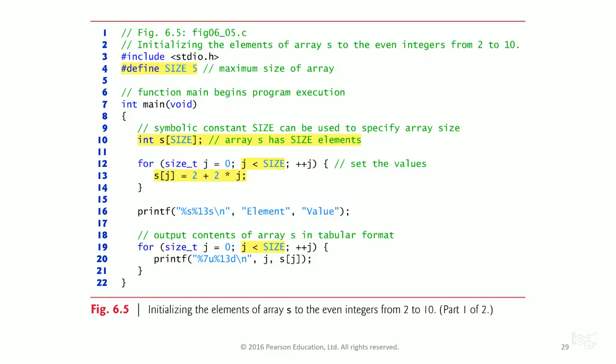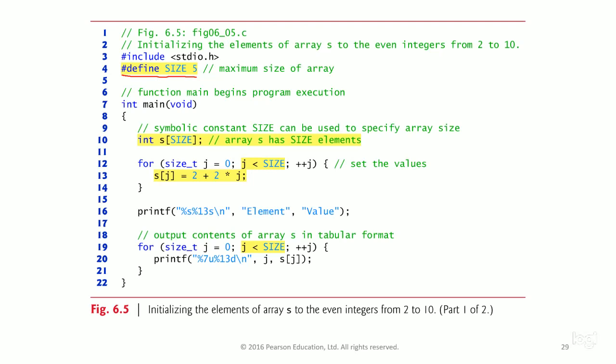The first thing that we're doing is using a symbolic constant, which is written like this. You write hash define, and then you write the name of the constant, and then you write the number that it is going to replace. Remember there is no semicolon here, so do not put a semicolon here.